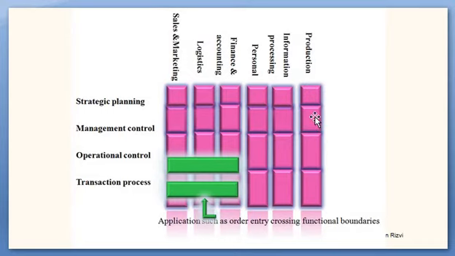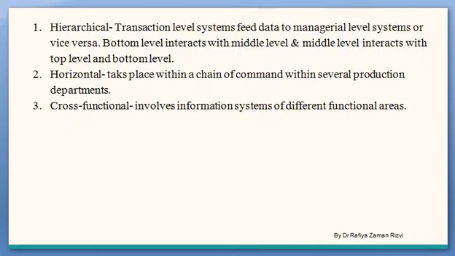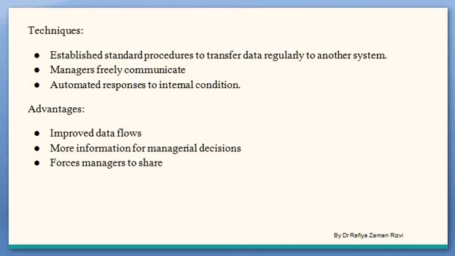If the production department's management control wants to interact with the sales and management transaction processing, they can interact with anyone. This keeps them updated and helps them maintain the flow of information.